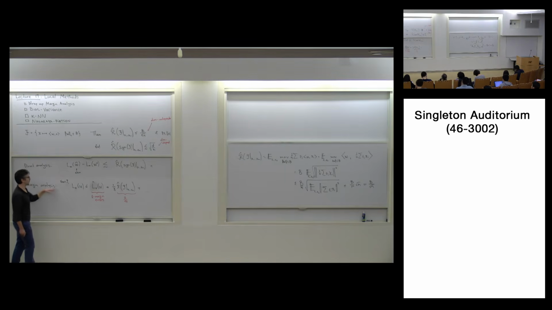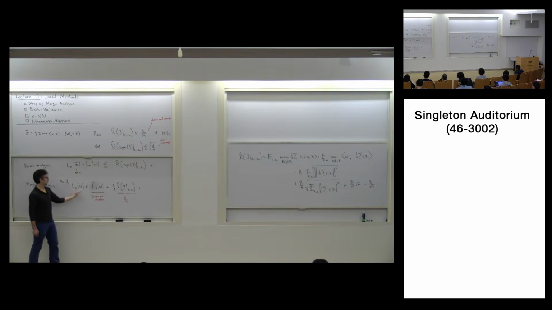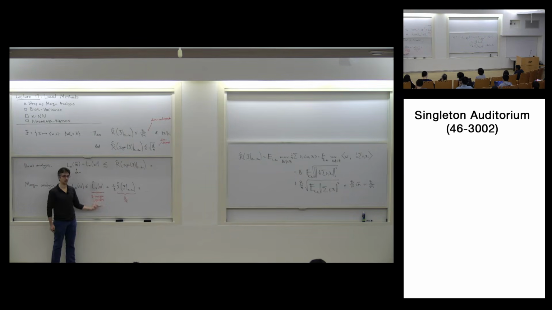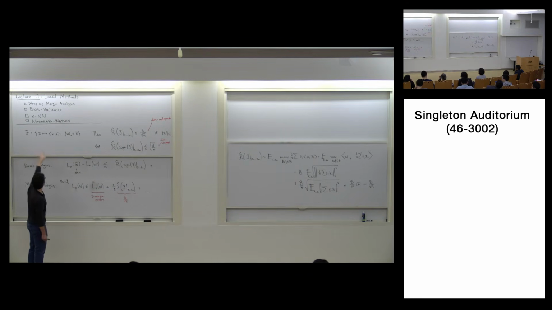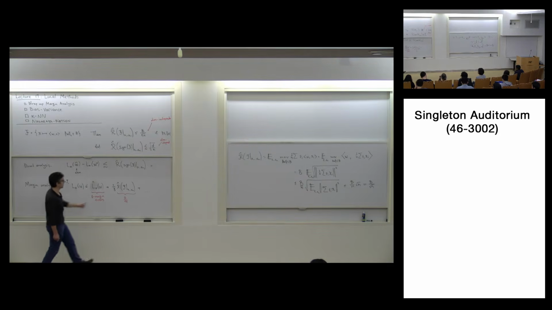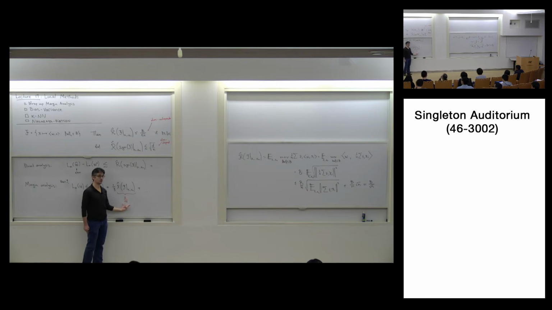So let me just remind you what we've got: for any W in the class, the out-of-sample performance is bounded by the proportion of margin errors, and hopefully that's small, plus 1 over gamma times Rademacher averages of the class itself. And if you go with this class, then that scales as b over square root of n.